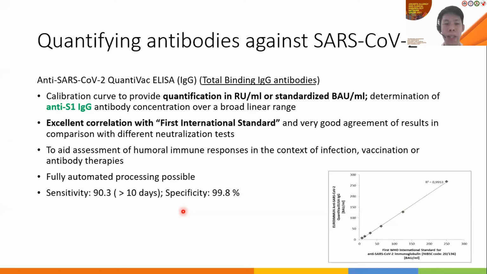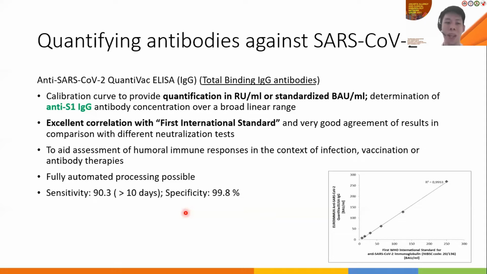The QuantiVac ELISA provides a calibration curve with our calibrators, and this provides quantification in reference units per mL or in the standardized binding antibody units per mL from WHO. This product determines the anti-S1 IgG antibody concentration in the patient.